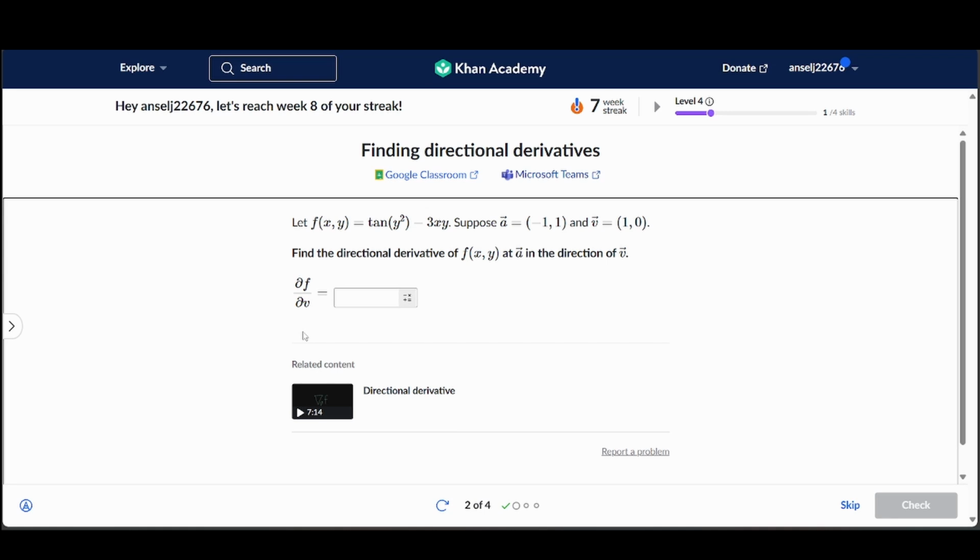Minus 3x, yes. And then we just multiply this by 1, 0. Just find the dot product of that. But wait, we first have to find the actual derivatives. So the first derivative is just going to be 0. Wait, hold up. Dot product is ax times bx plus ay times by.